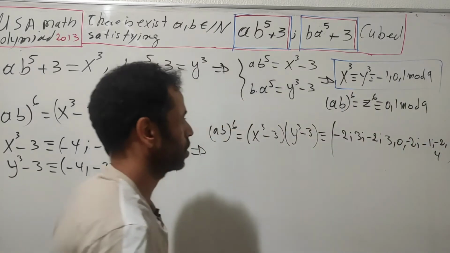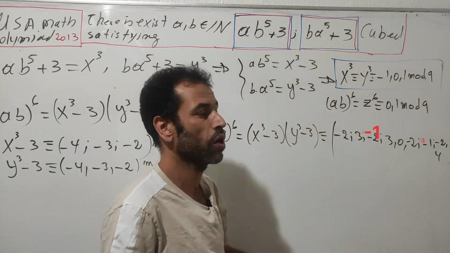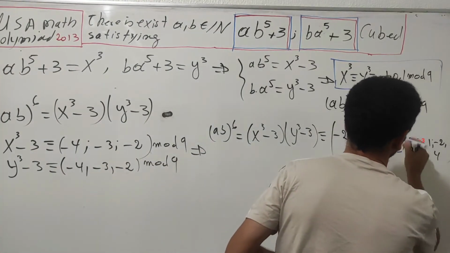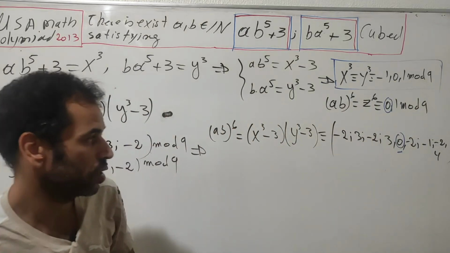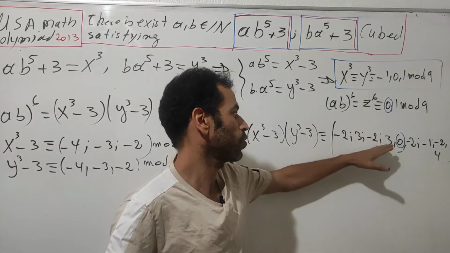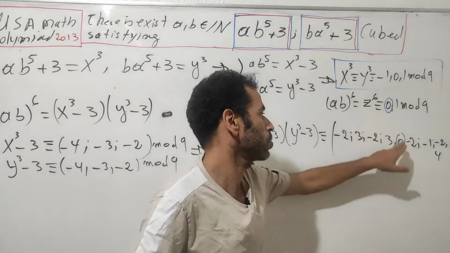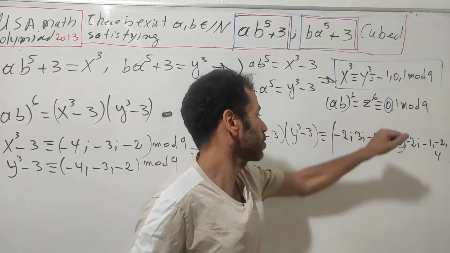So these are the 9 possibilities, but which match this one to have equality? We see only 0. 0 is a common remainder here. All others, none of those works here except 0, because we get 0 on both sides of this equation as a remainder.